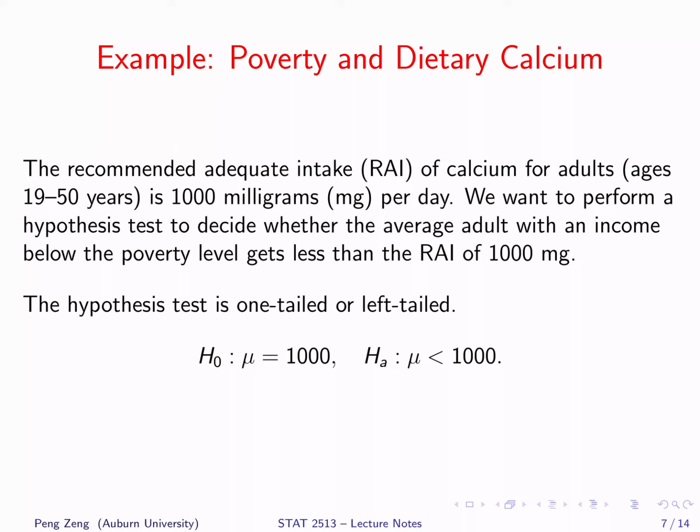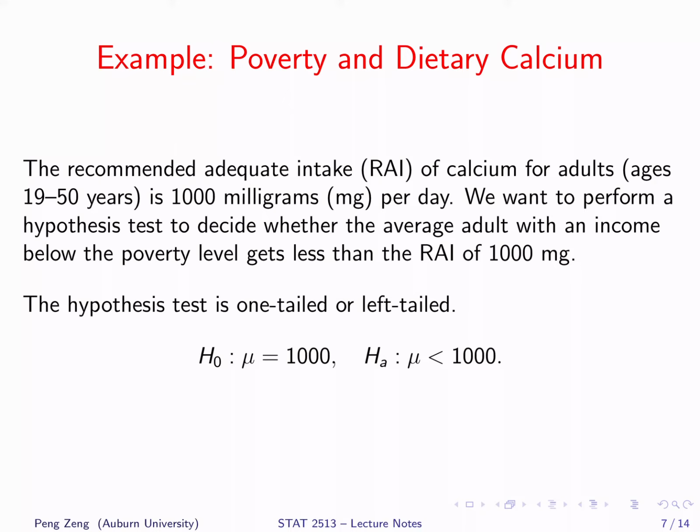The null hypothesis always uses the equality sign, so H0 is mu equals 1000. The question of interest is whether the mean intake of adults below the poverty level is less than 1000. We are pretty sure that the mean intake of adults below the poverty level will not be larger than 1000. Therefore, we use a left-tailed test.